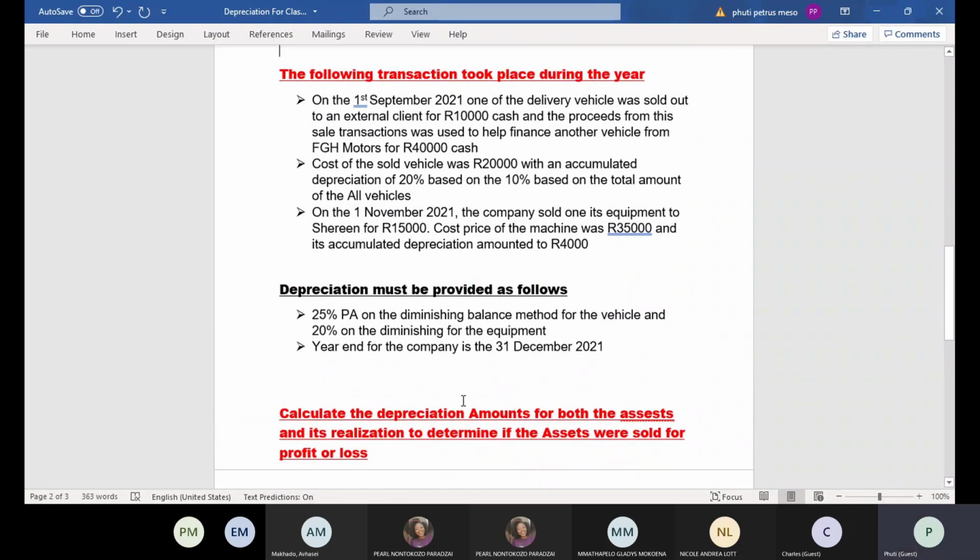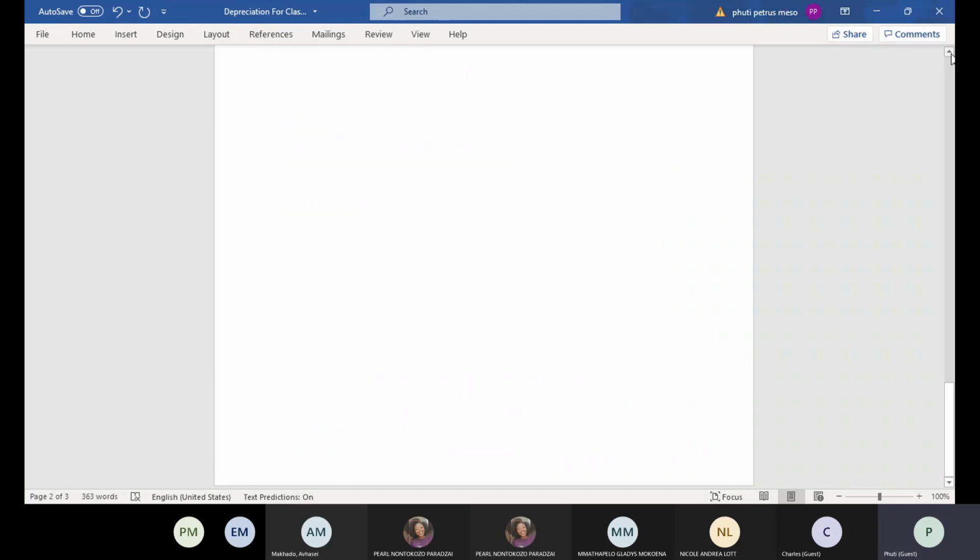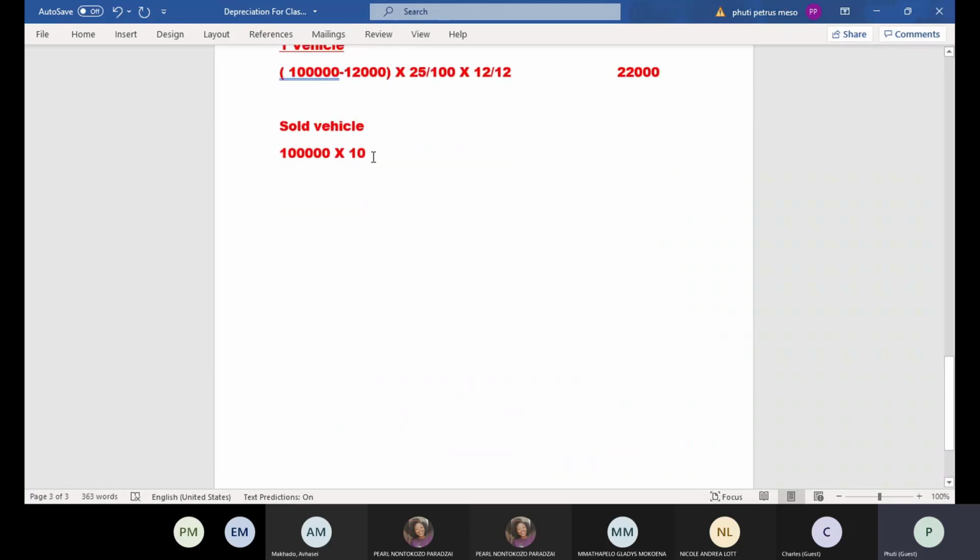It says that the cost is 20,000 rand, and the accumulated depreciation is 20%, based on 10% of the total amount of the vehicle. So you say 10,000 rand for the total cost, and then you multiply it by 20%, and then you will get to your final figure. That would be your accumulated depreciation.